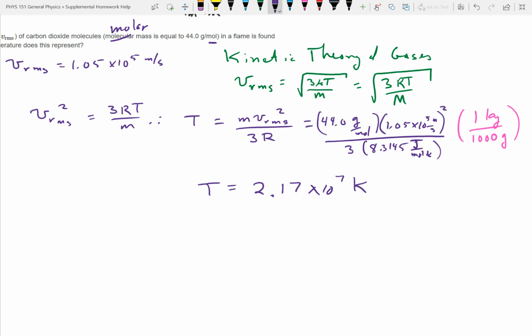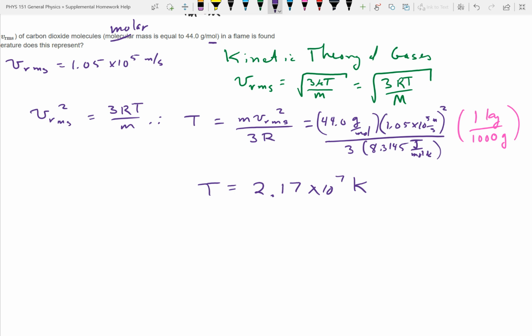How did you do it? Let's see. 1.95 times 10 to the 7th. Okay, so I put 44 and 105 times 10 to the 5, and then divided by 1,000.